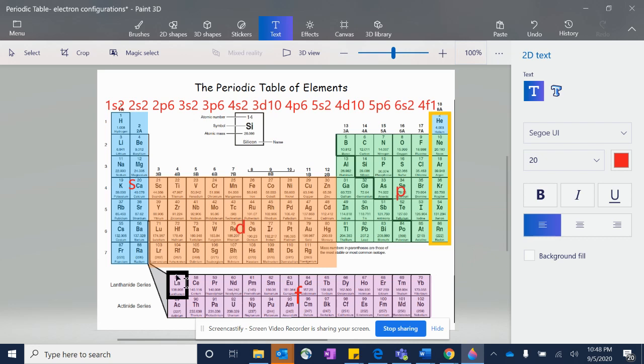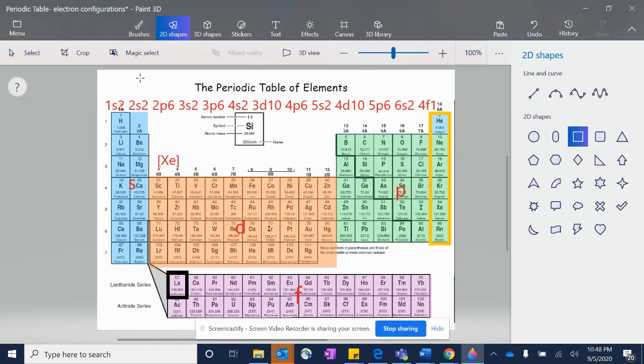What if instead of doing that, we used the most recent noble gas, which if we trace back very carefully, is xenon, and we said that all of the stuff from xenon forward, so that's before the 6 here, all of this information right here that I'm about to put in a box, one second.